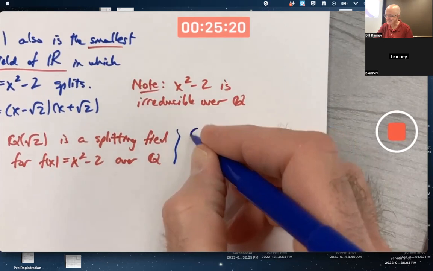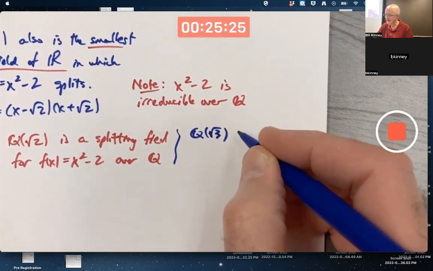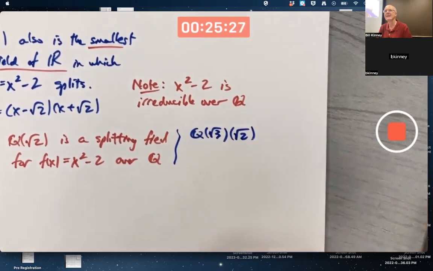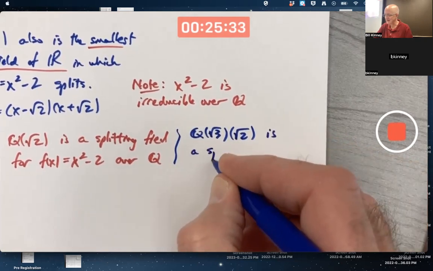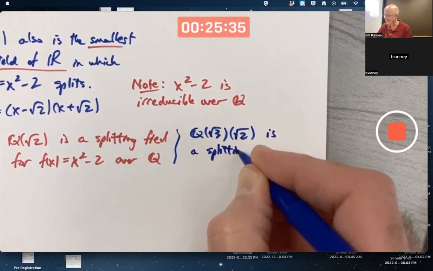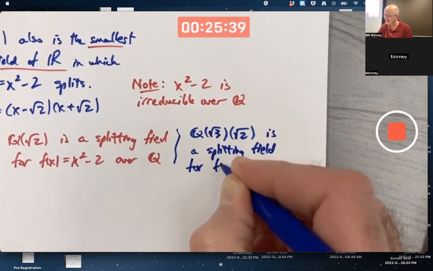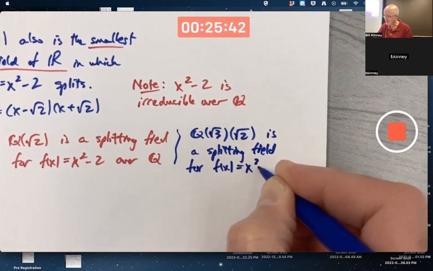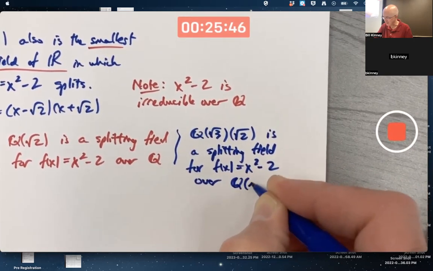It would be q adjoin square root of 3 and then adjoin square root of 2. That is a splitting field for f of x equals x squared minus 2 over q adjoin square root of 3.